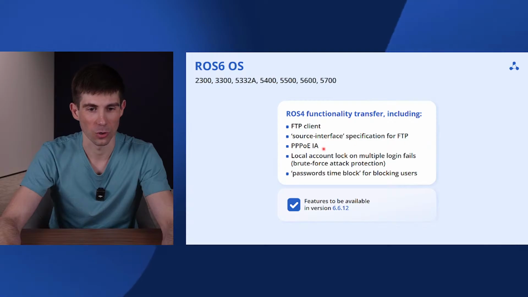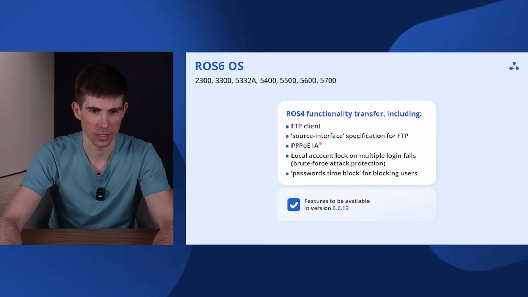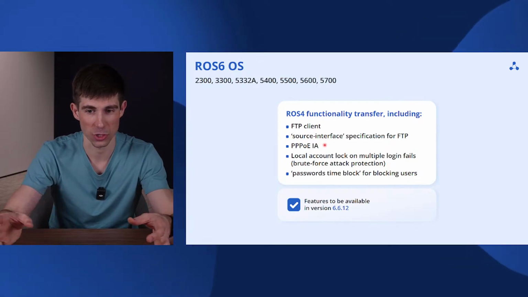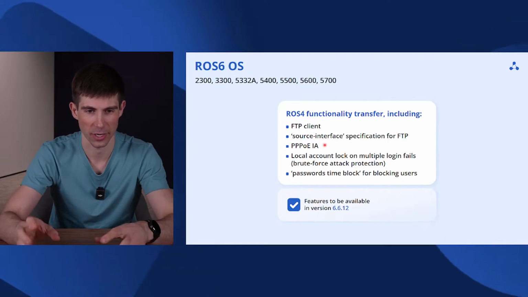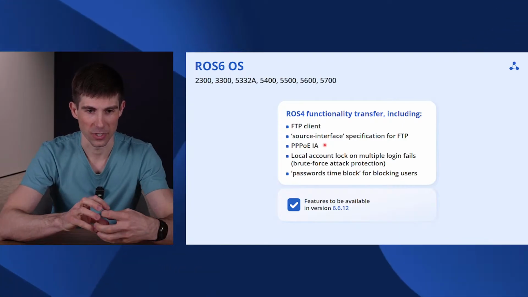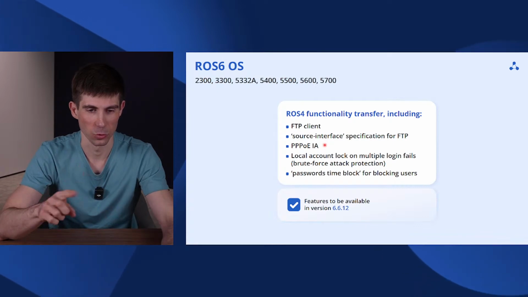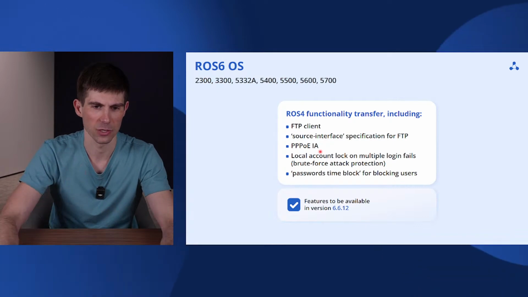Point-to-point protocol over Ethernet intermediate agent. This is something to do with the operator bus functionality. The intermediate agent is designed to help distinguish between connected hosts for the bus functionality, so they can tell for these tunnels who is who, and basically it's adding service messages for the PPPoE protocol.